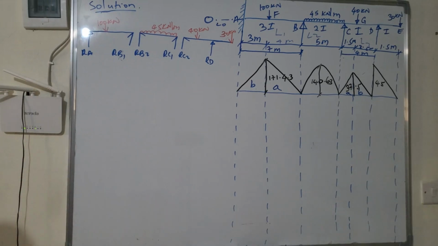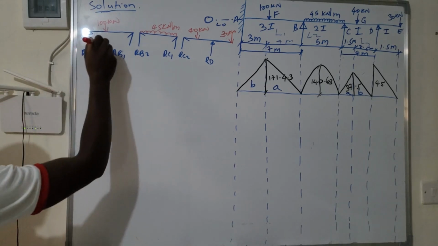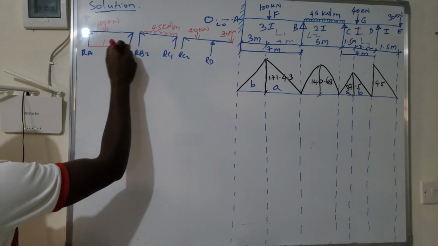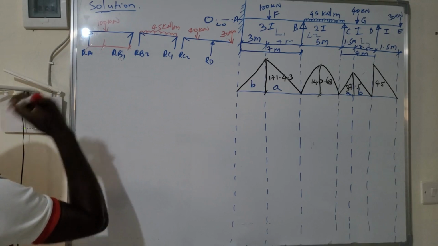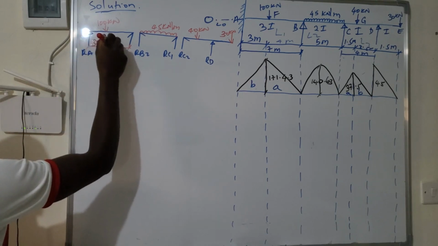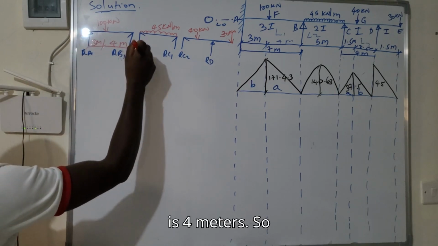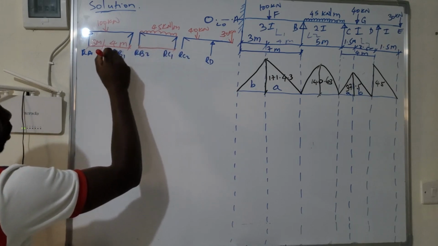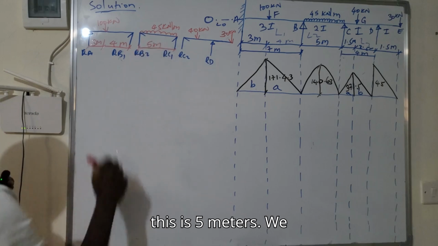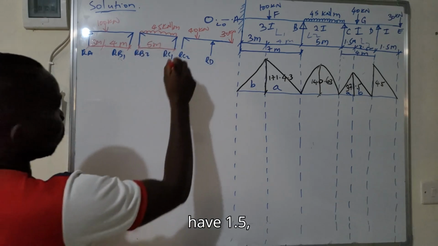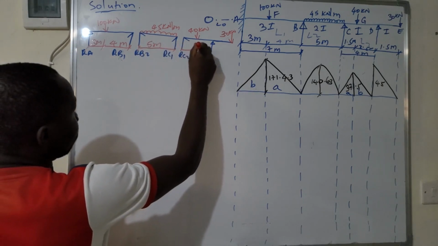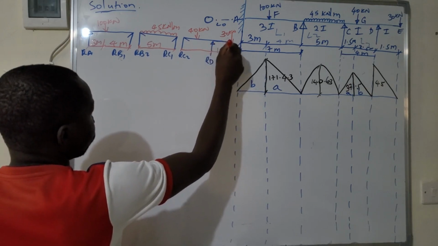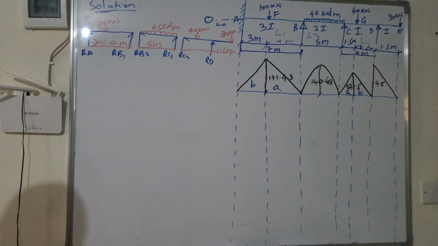The spans are 3 meters, 4 meters, 5 meters, and 1.5 meters.